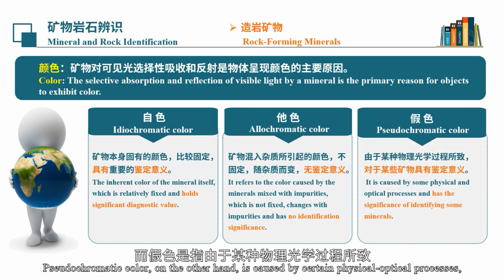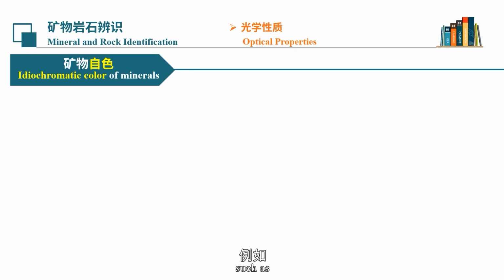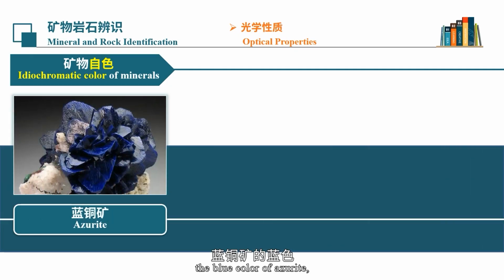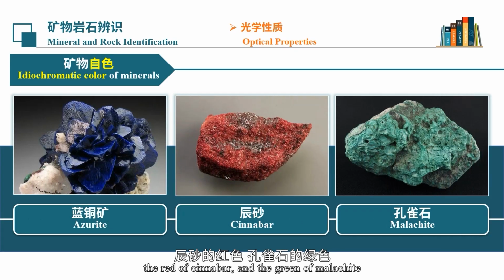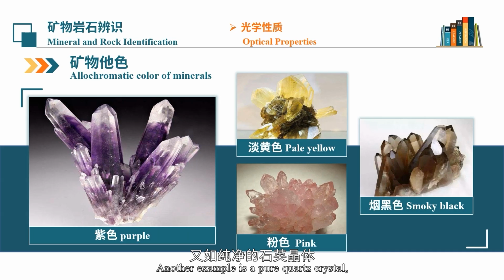Pseudochromatic color, on the other hand, is caused by certain physical optical processes and holds diagnostic value for certain minerals. The blue color of azurite, the red of cinnabar, and the green of malachite are all idiochromatic colors of minerals.